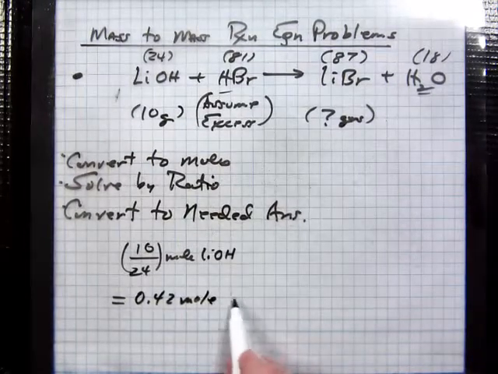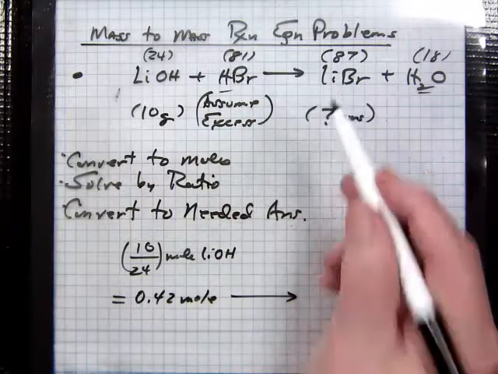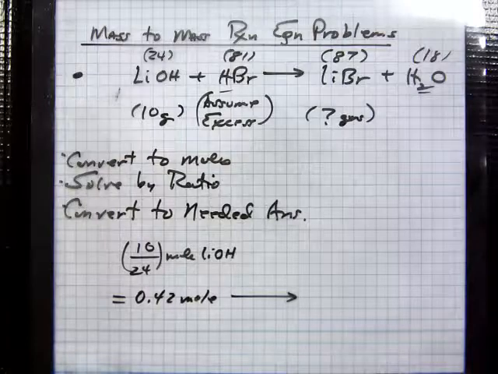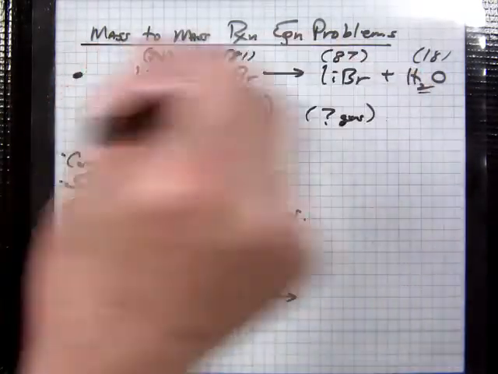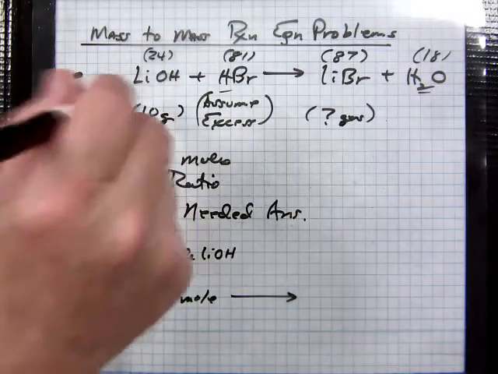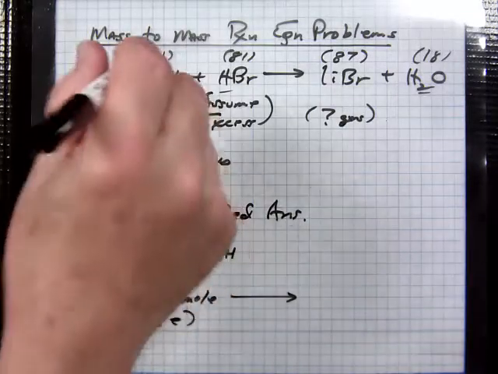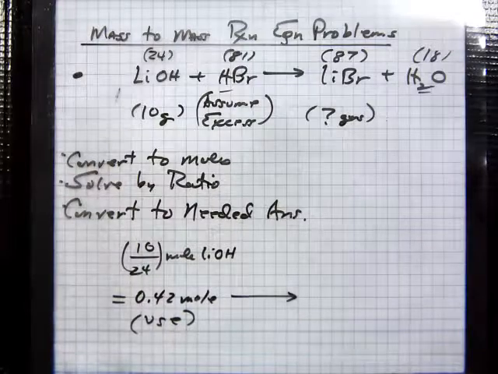Okay, now it wants to know about lithium bromide over here. Notice, this is what you start looking at. What are the coefficients? How do the coefficients compare? They are the same. So if you use 0.42 mole of lithium hydroxide, you're going to produce the same number of moles.